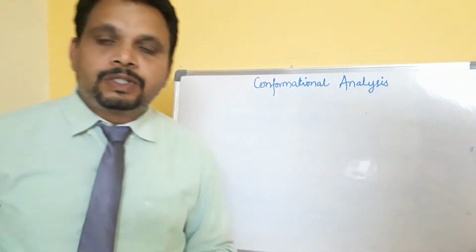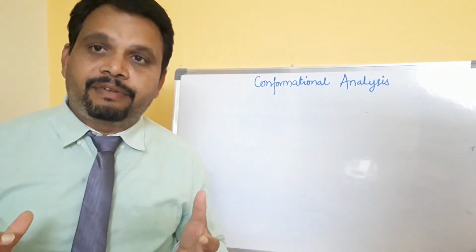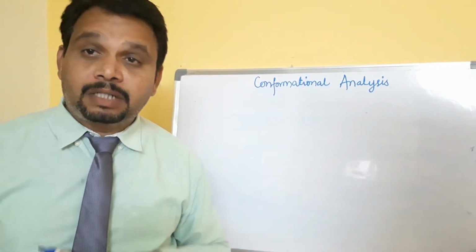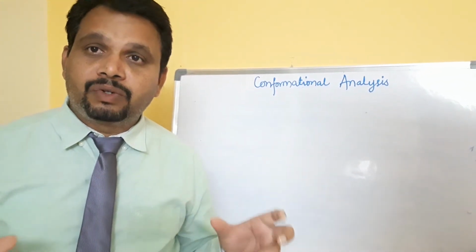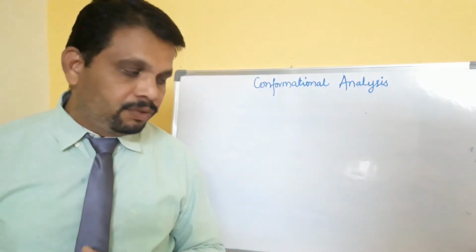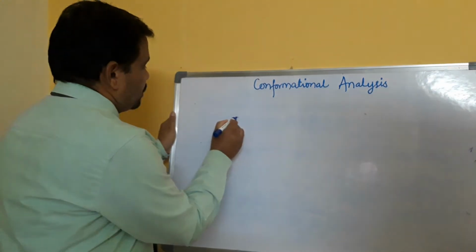Okay, so you need to identify what are the fluidicial pairs, or top priority atoms or groups, on adjacent carbon atoms. I'll give you some examples so that you can understand.